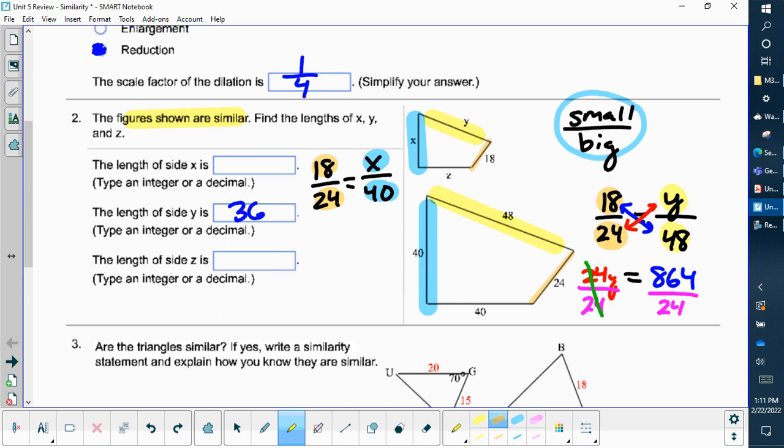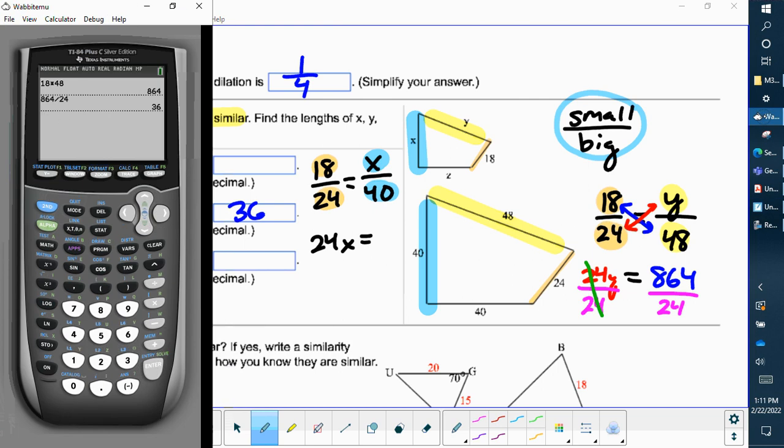And I cross multiply. 24x equals 18 times 40. It's 720. I can also do one-step algebra here: divide by 24. This goes away, and we get 30.